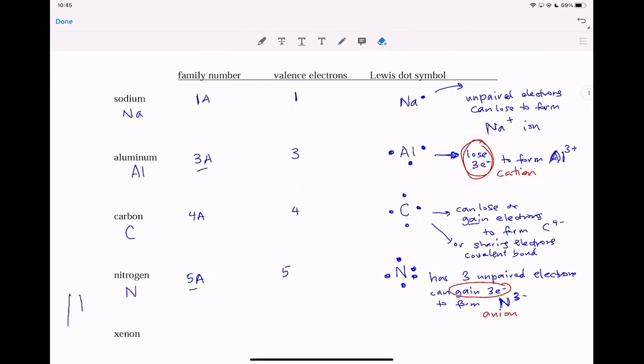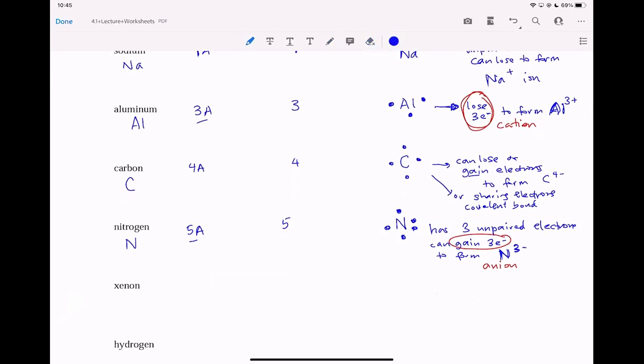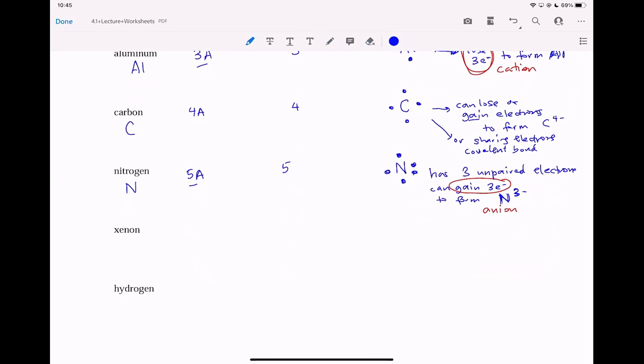So let's take a look at this next one. So xenon, which is the element symbol Xe, you'll find in family 8A. It's not element X, that was a made up element, but Xe is very similar to the X example. It has 8 valence electrons.